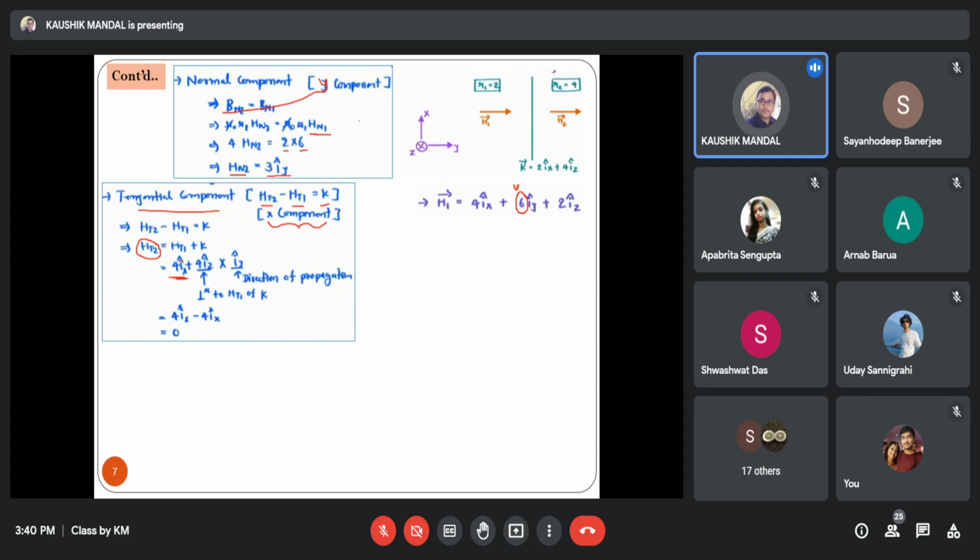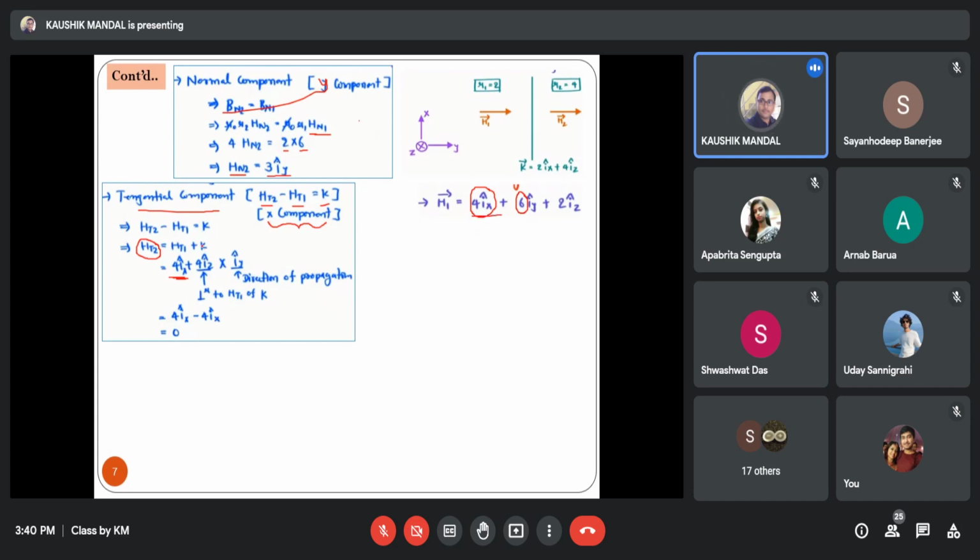We will get that from H1. Since we are finding the tangential component along x, Ht1 is nothing but 4Ix. You can directly write it down from the equation of H1.